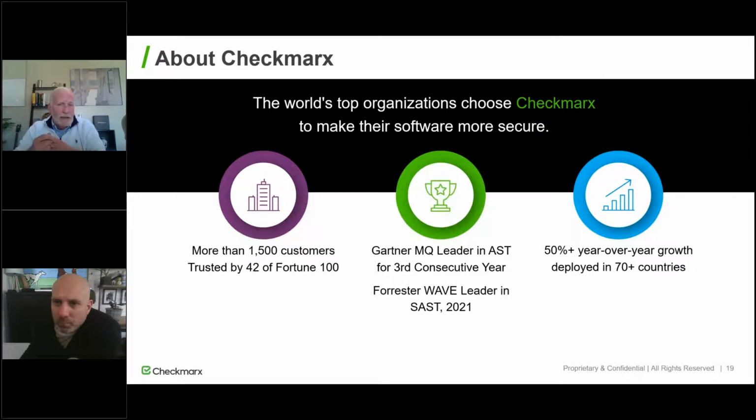We're a Gartner Magic Quadrant leader in application security testing for the third consecutive year, and we keep moving further away from our competitors. We're also a Forrester Wave leader in static application security testing, released last month. And we've been experiencing 50% plus year-over-year growth, deployed in 70 plus countries.